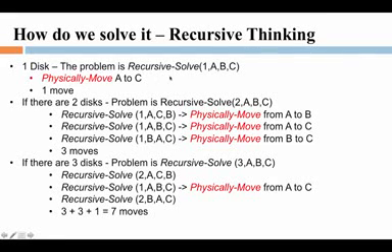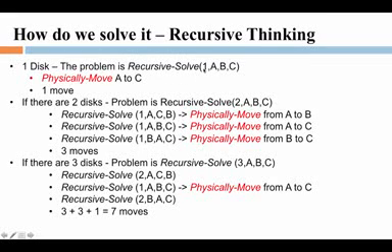So I'm going to motivate you to think about a function called recursive solve. The first argument for recursive solve is the number of disks which are in the first tower. The tower is A, B is the intermediate tower, and C is the destination tower. I repeat. In this recursive thought process, think about a recursive function called recursive solve.